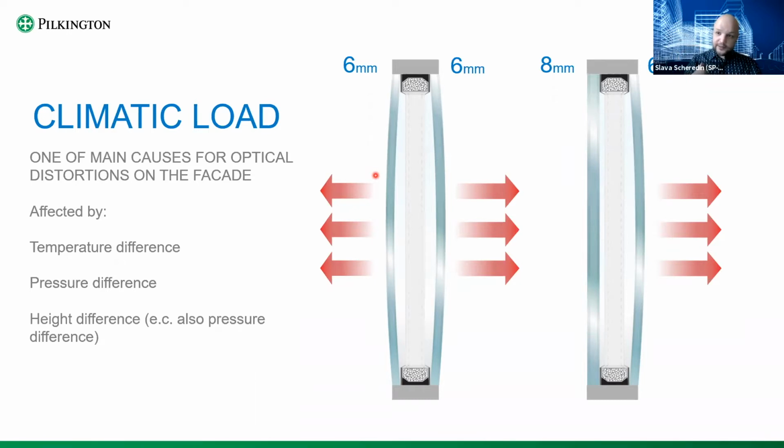So climatic load is something which affects your IG unit every day, not once in 50 years, mind you. And that load is changing slowly from day to night, from summer to winter.